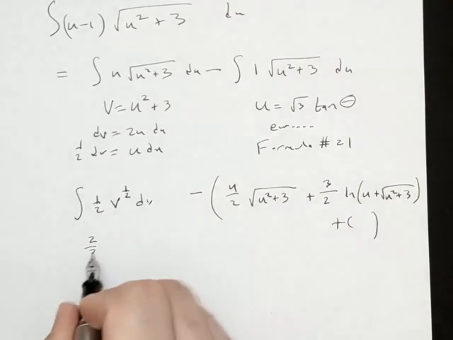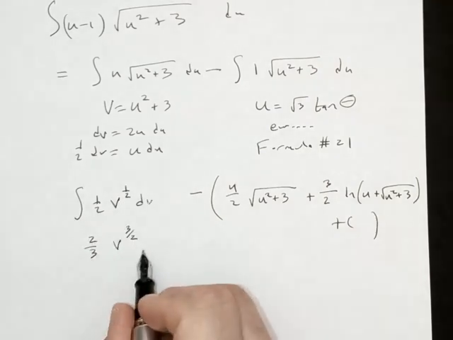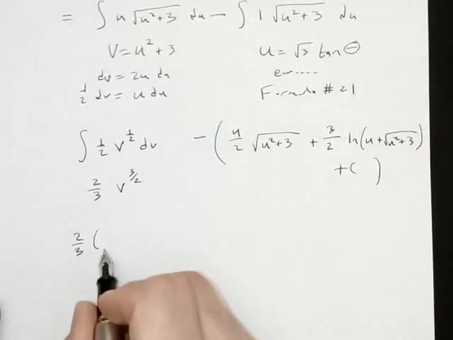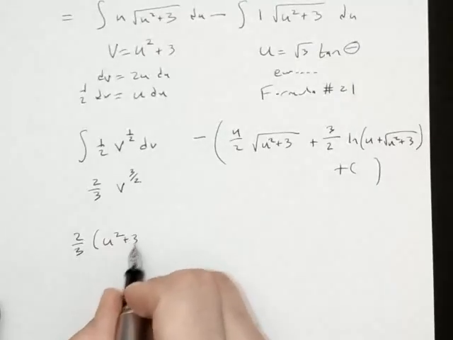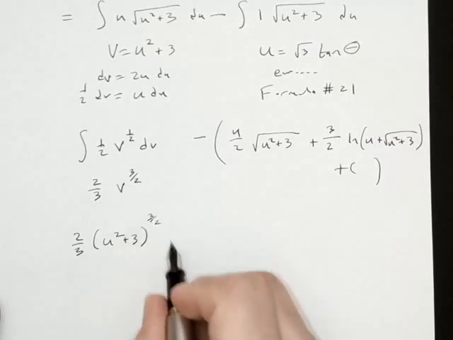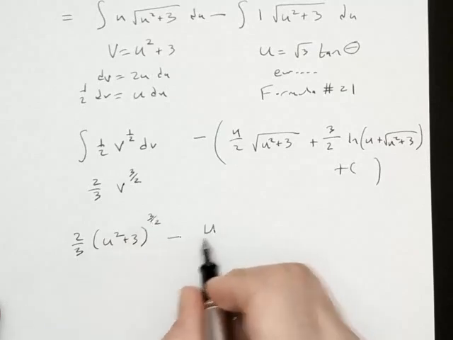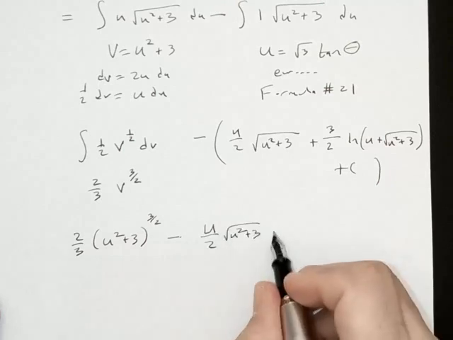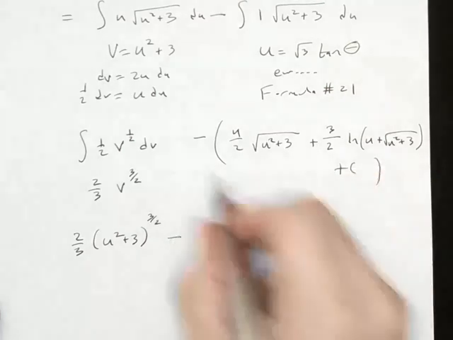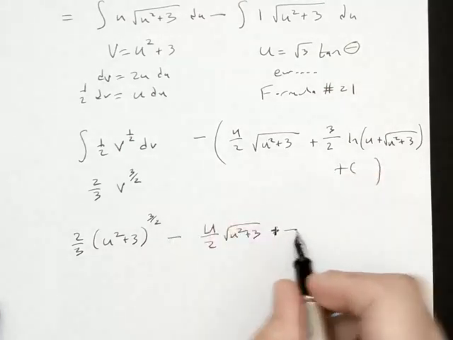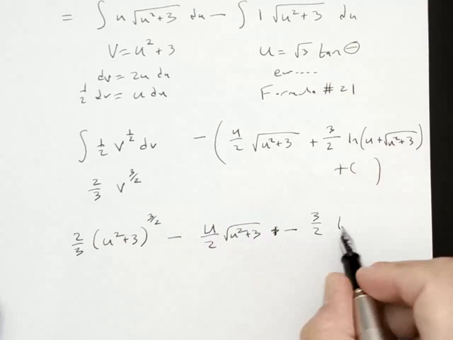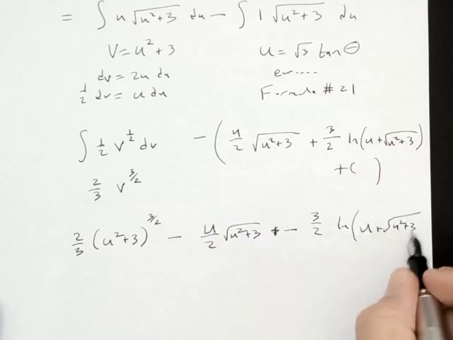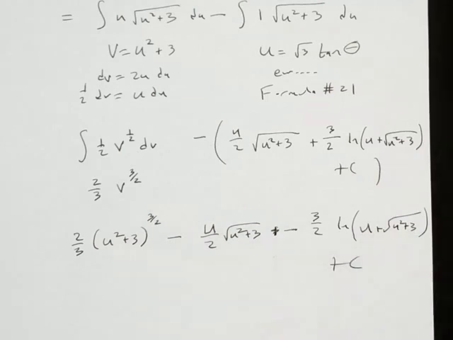So that's 2/3 v to the 3/2, or 2/3 parentheses u squared plus 3 to the 3/2, minus u over 2 square root of u squared plus 3. Minus distributes into here, makes this a minus sign also. 3/2 ln of u plus square root of u squared plus 3 plus c.